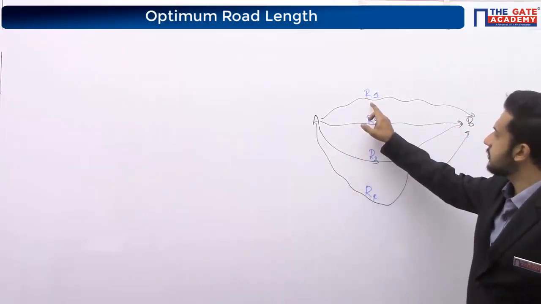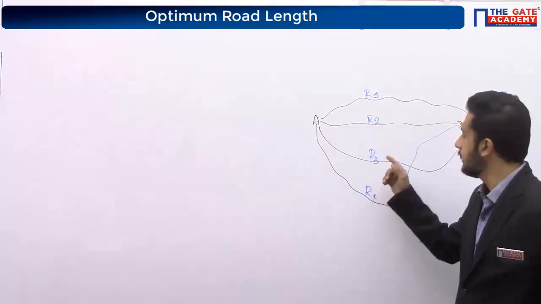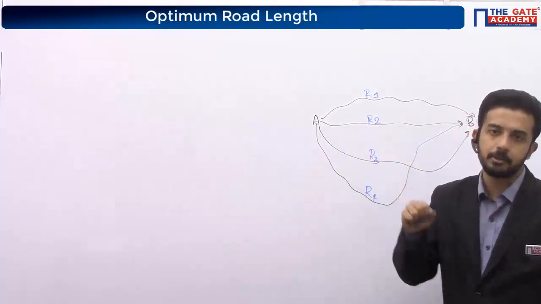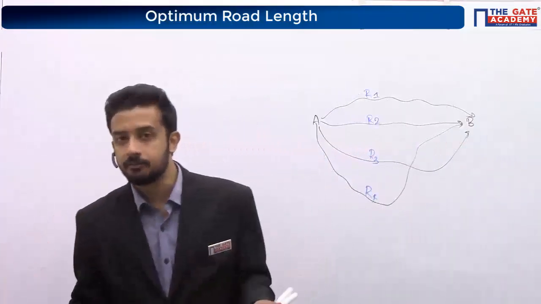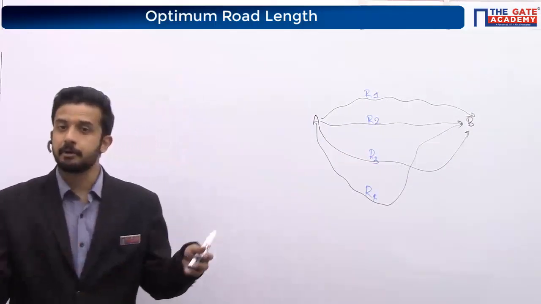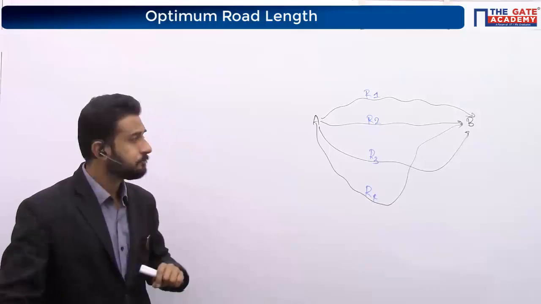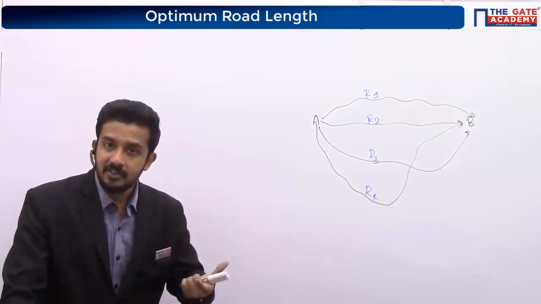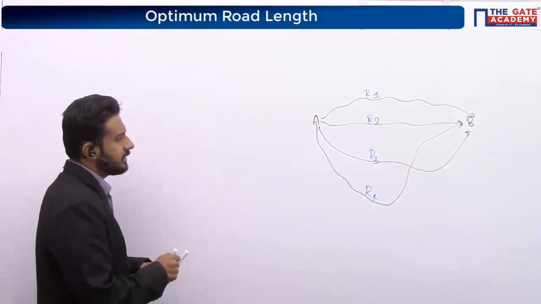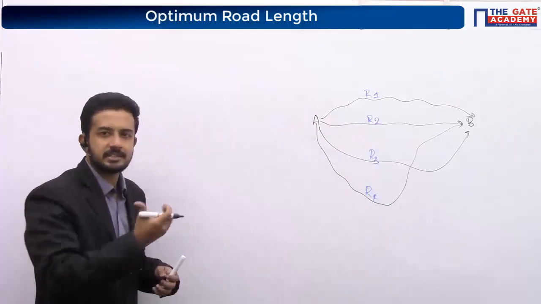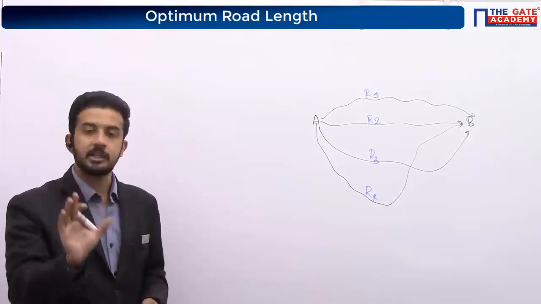So this road may be serving a little bit of people, this may be serving another amount of people, R3 will be serving another amount of population, and they may be serving different areas of agricultural land, different numbers of factories and all. So based on those services each road is giving, what we are going to find out is the total service it gives in terms of serving the population and in terms of serving the productive areas.